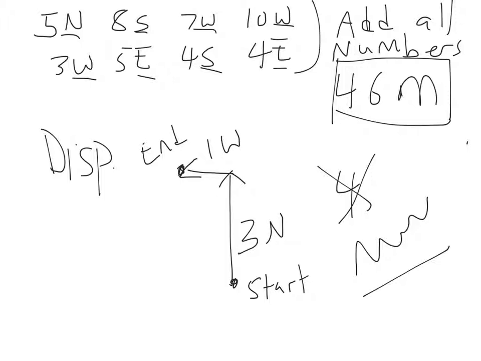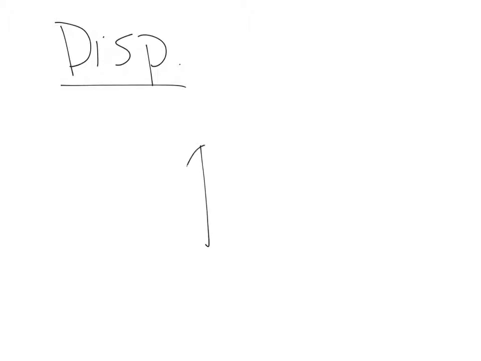Okay? So our displacement, I'm going to go on to another slide here. Talk about displacement. Okay? So our displacement, we had our initial one here of 3 north and 1 west. We have a start and an end.